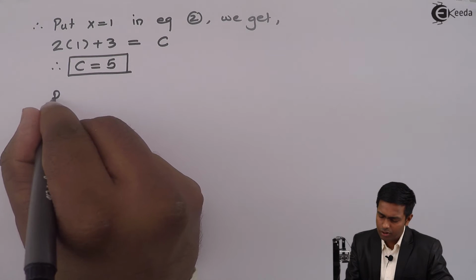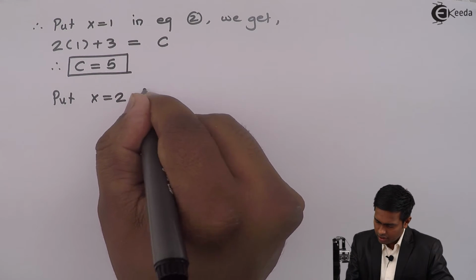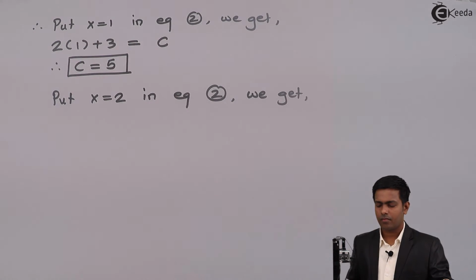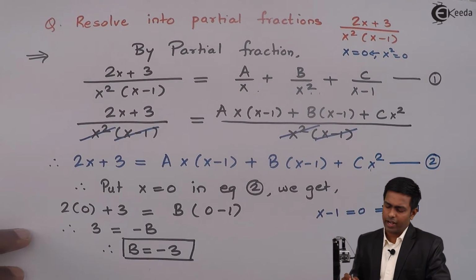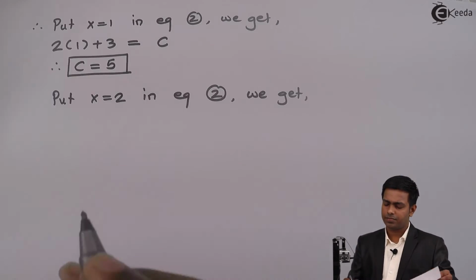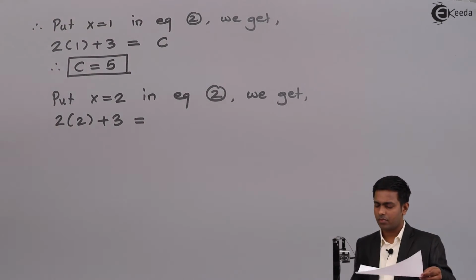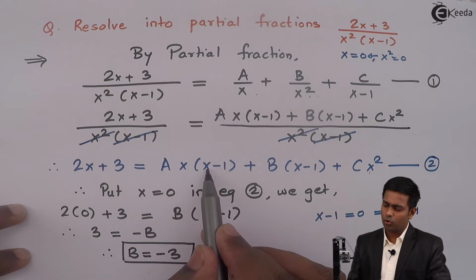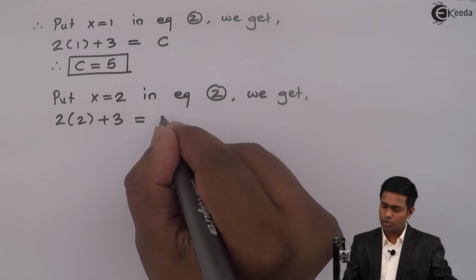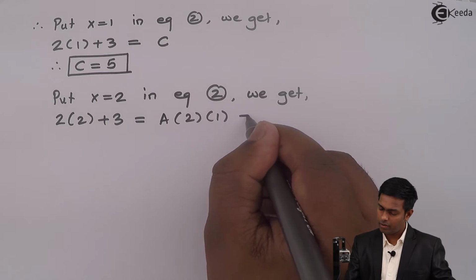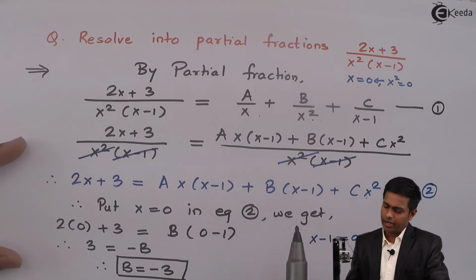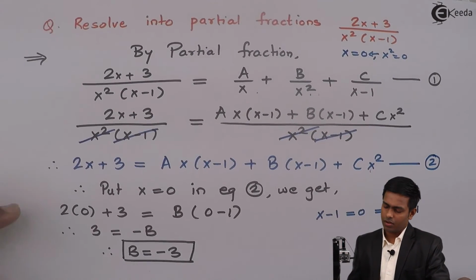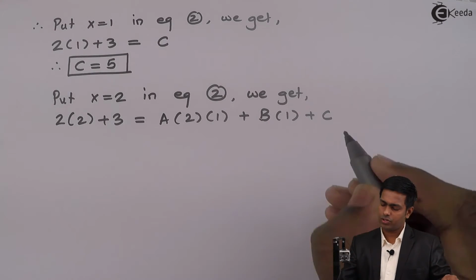So now I will say put x equal to 2 in equation number 2, we get, by substituting x equal to 2, 2 into 2 plus 3 equal to, here we will get a, x is 2, so 2 into 2 minus 1 is 1, so a into 2 into 1, plus b, here x is 2, so 2 minus 1 is 1, plus c, x is 2, so 2 square is 4, so c into 4.